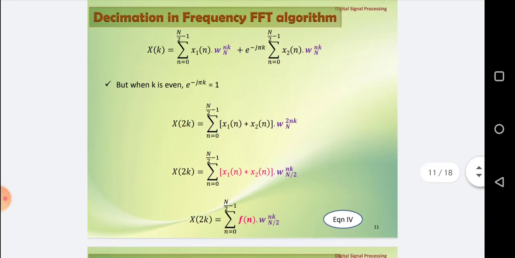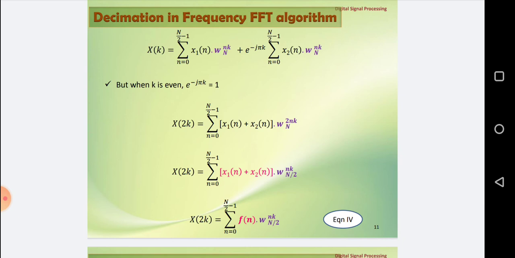So when k is even, e raised to minus j 2 pi k value will be 1. So x of 2k, which represents the value of k even, is equal to summation n equals 0 to n by 2 minus 1 x1 of n plus x2 of n omega n of 2nk, which is equal to summation of the bracket x1 of n plus x2 of n, bracket complete, multiplied by omega n by 2 nk, where this bracket is represented as f of n.